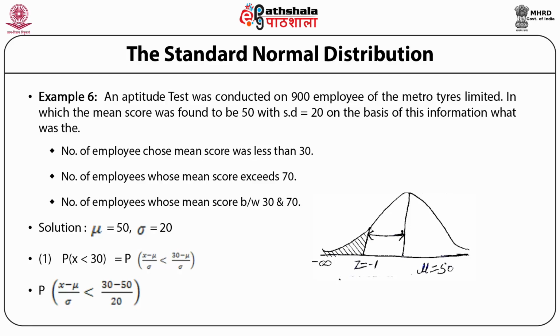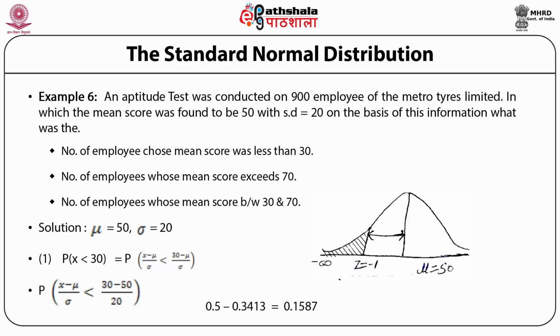So this area will be lessened. The probability is 0.5 for the minus infinity to 0 area, minus the tabular value 0.3413 corresponding to z equal to 1.